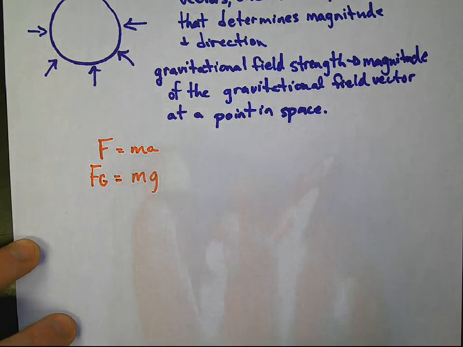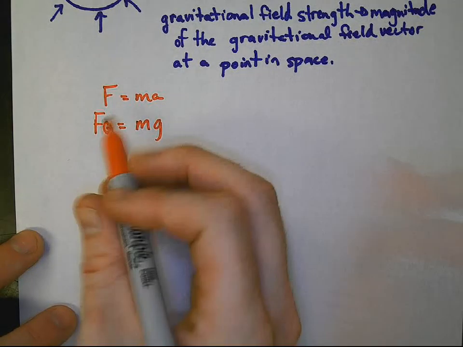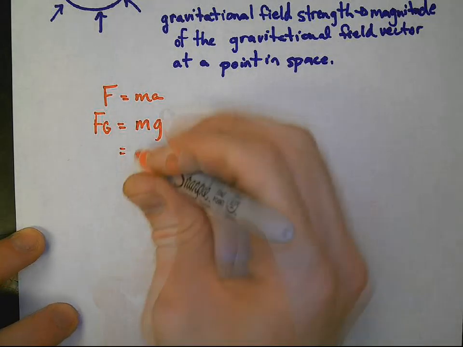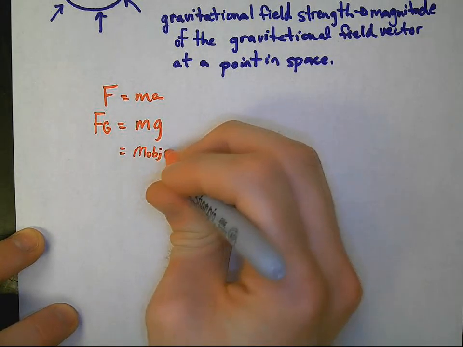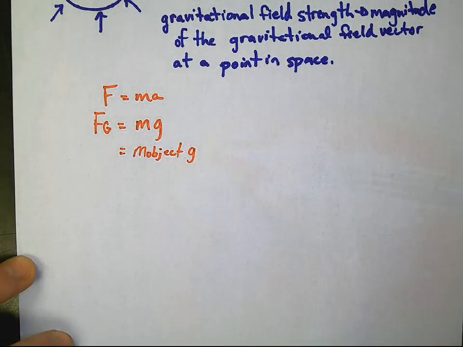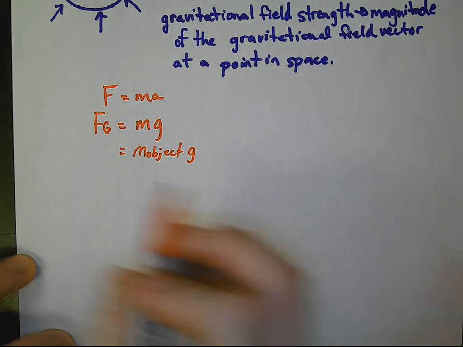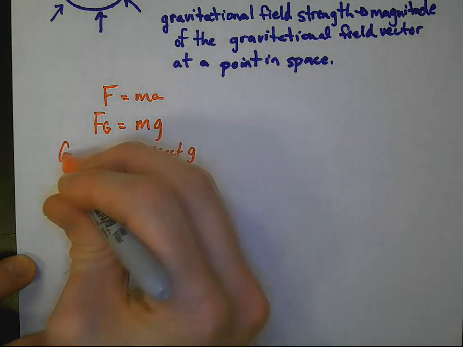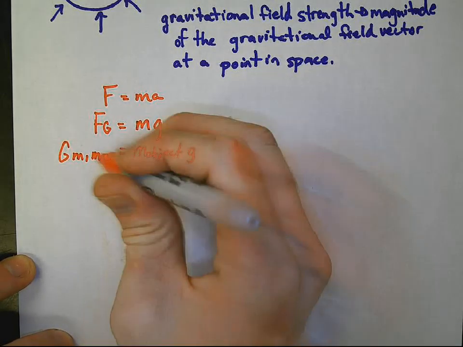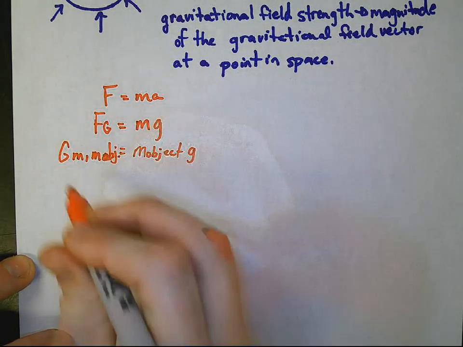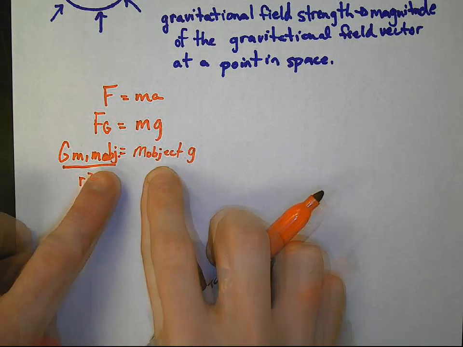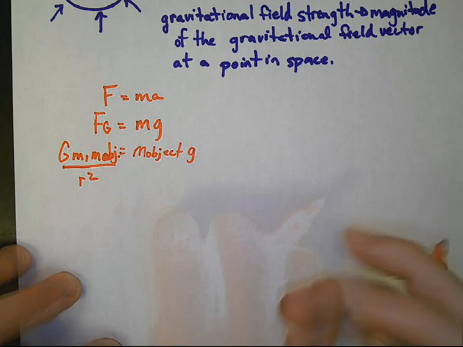When I'm looking at this m here, that is the mass of the object multiplied with our gravitational field strength g. And we know that Fg is G m1 m2, sorry, this should be m of the object, all over r squared. We have the mass of the object on both sides, so we can cancel those out.